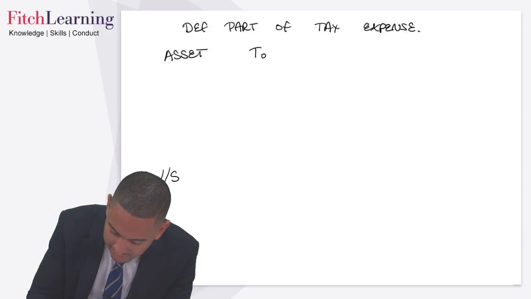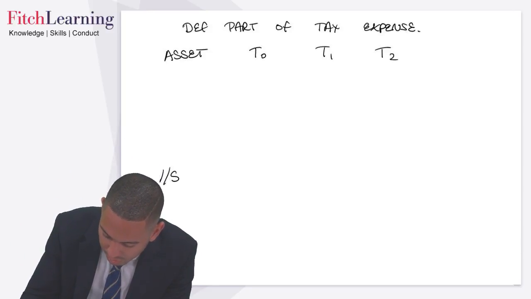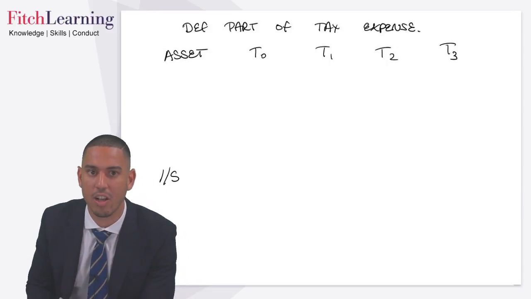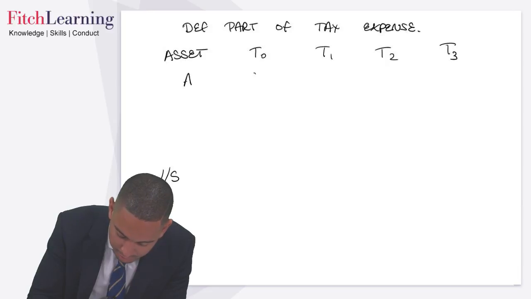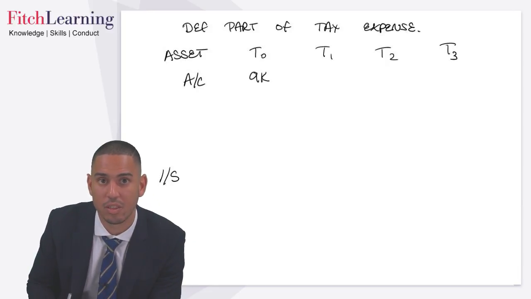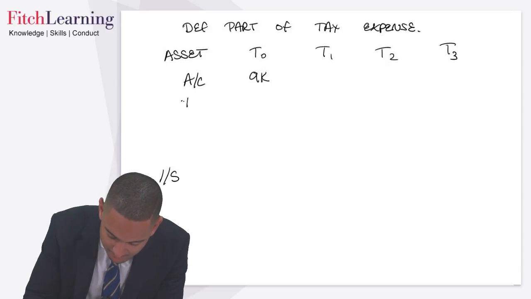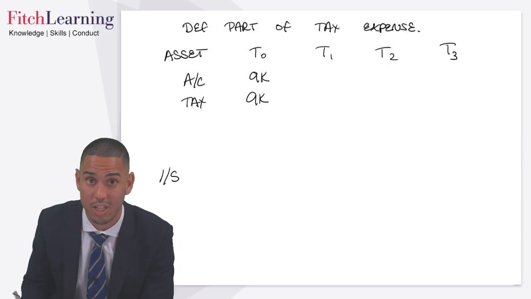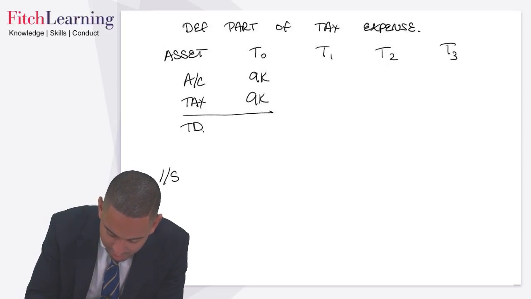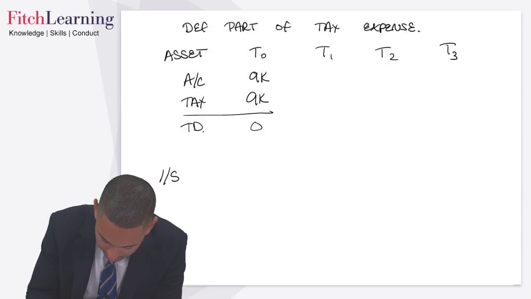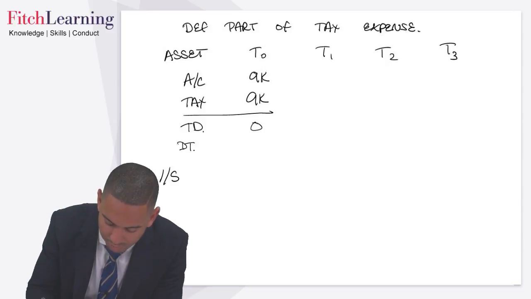So we've got T0, T1, T2, and T3. And I start off with an asset that I buy that is worth £9,000. And it doesn't matter, the tax authority says, yep, you have paid that for it. So at T0, there's no temporary difference, and there's no deferred tax movement.